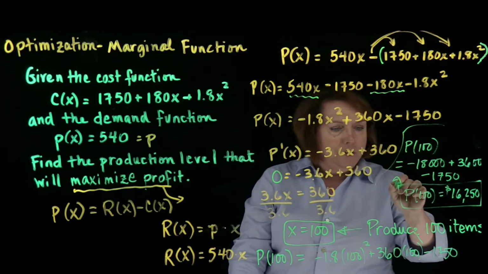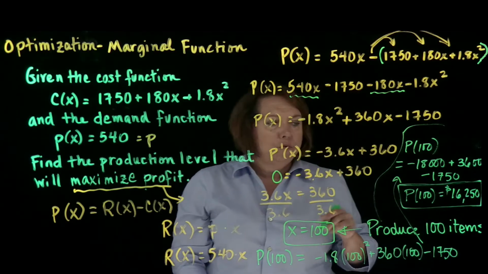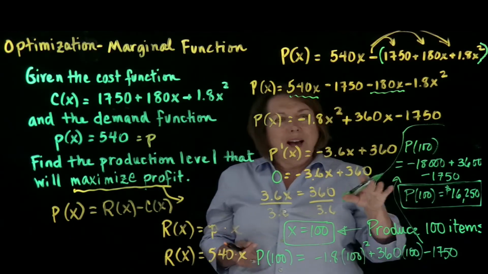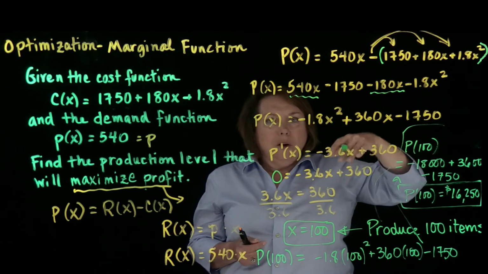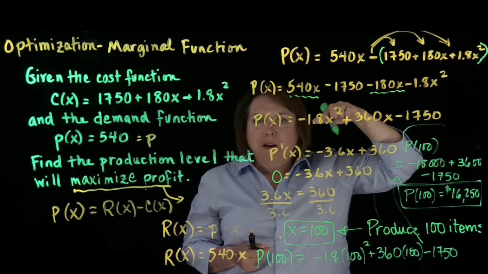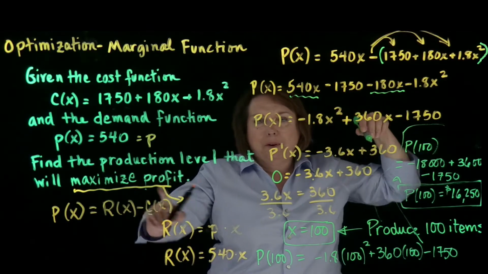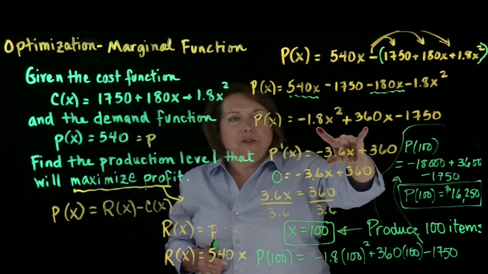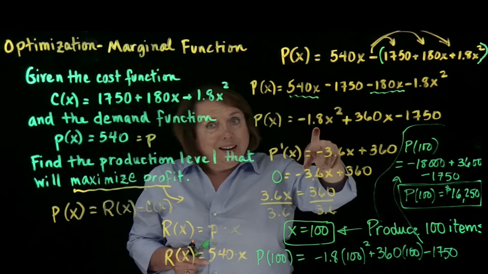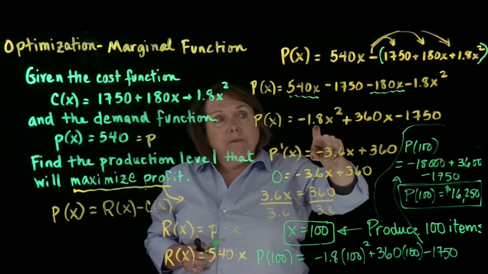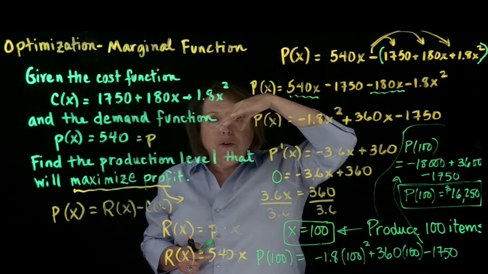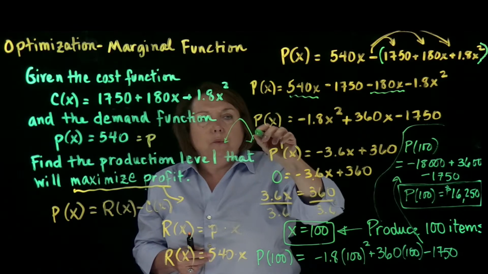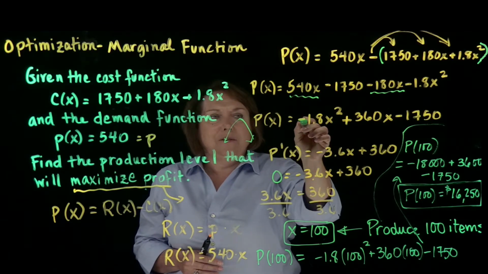You can think of these as an ordered pair: 100 comma 16,250. That's going to be the point on the graph where we know this function will have a maximum, because again, we wanted to maximize the profit. Coming back to our function, you can see that it has a negative leading coefficient, so we know we're going to have a downward-facing parabola.